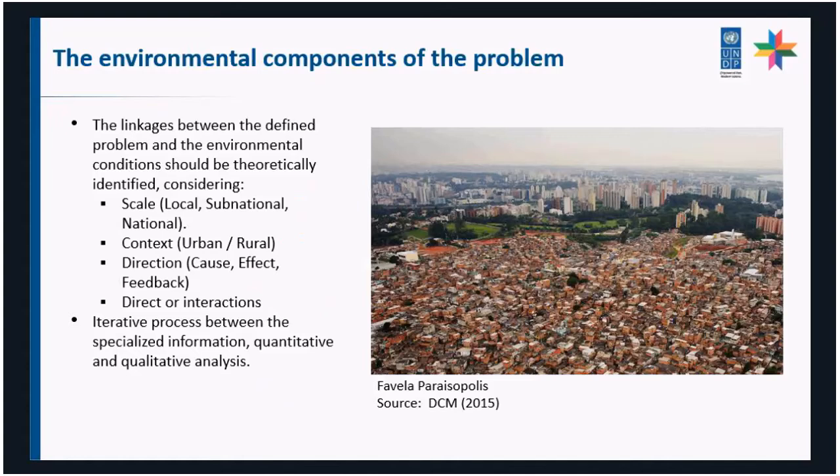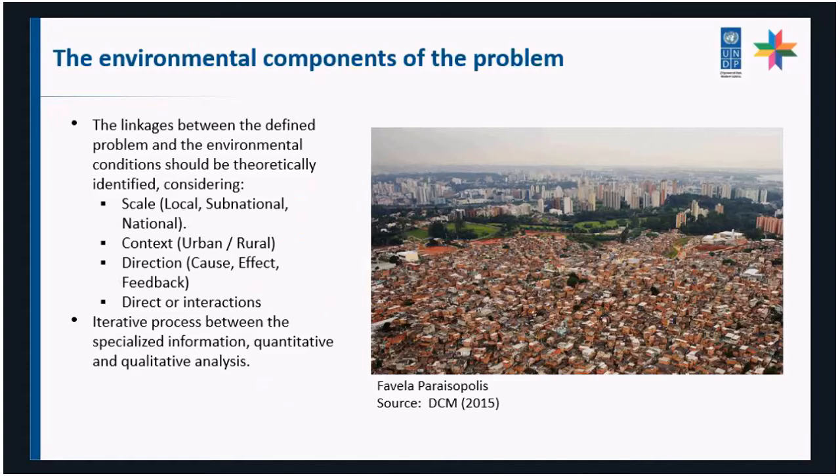There's going to be a direction between the different indicators. Sometimes the environmental issues are going to be a cause, sometimes an effect. Sometimes it's going to be a feedback loop, and we need to be fully aware of how these interactions and linkages are working. In general, this is going to be an iterative process, meaning that we are going to use quantitative and qualitative studies and the mapping with the SDGs to inform the theory of change.